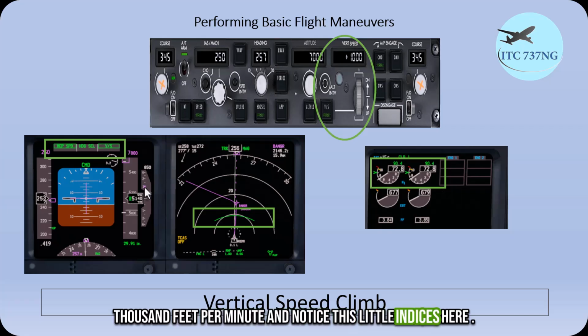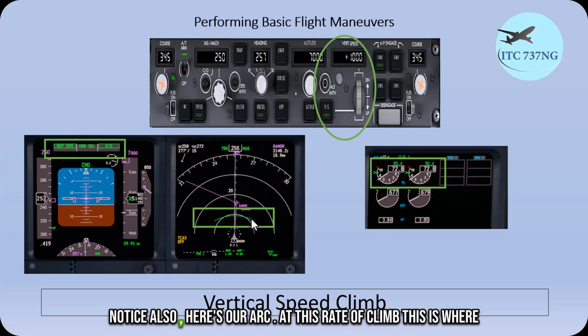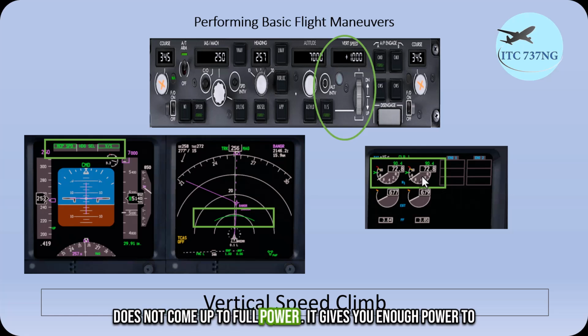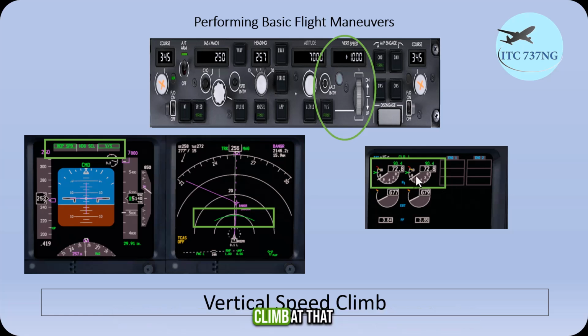And notice this little indice here. Notice also, here's our arc. At this rate of climb, this is where we're going to level off at 7,000 feet as we go through this 5,100 feet. Notice that the power does not come up to full power. It gives you enough power to climb at that speed.